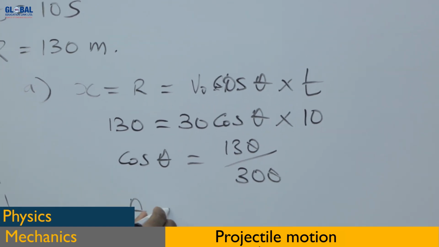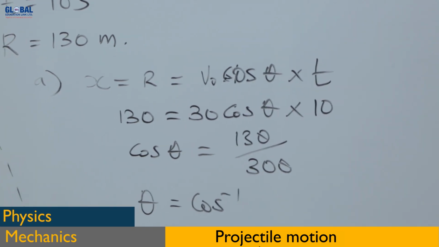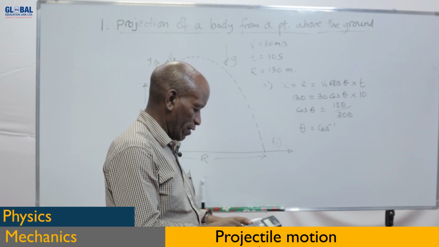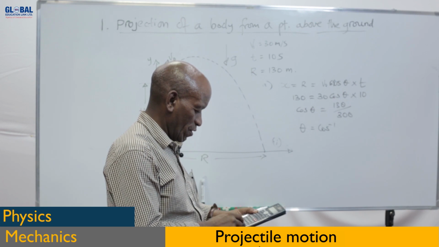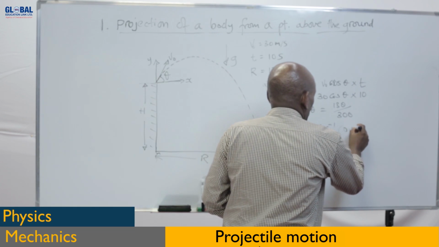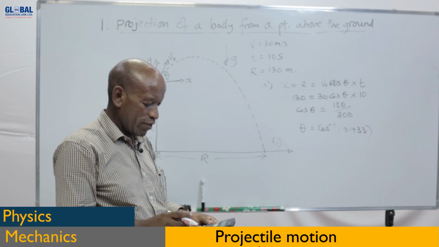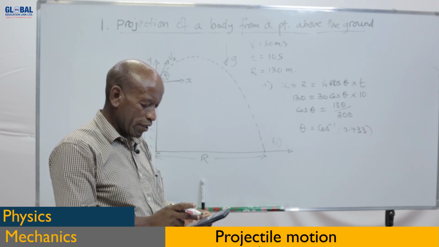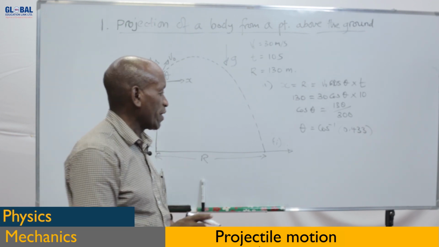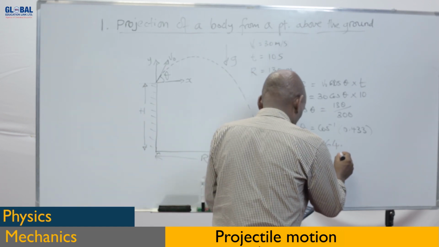So to find the angle theta, we look for the cosine inverse of 13 over 30. 13 over 30 is equal to 0.4333. Taking the cosine inverse of that, you find that the angle theta is equal to 64.3.